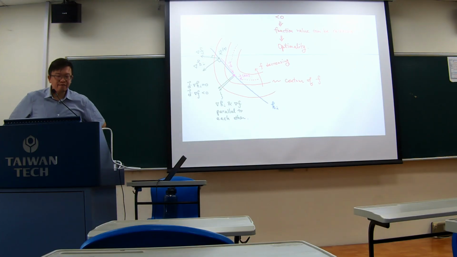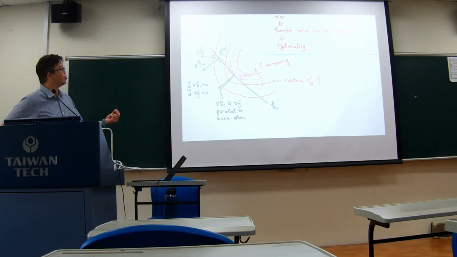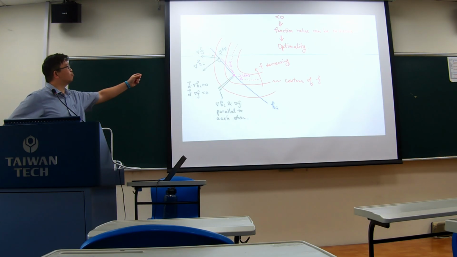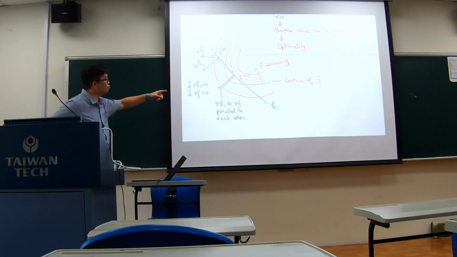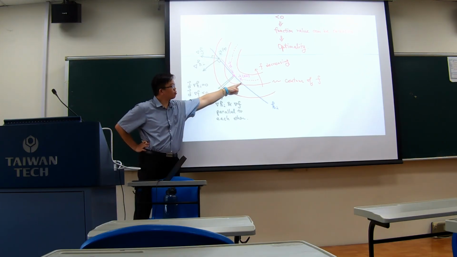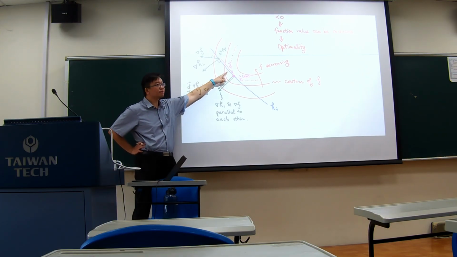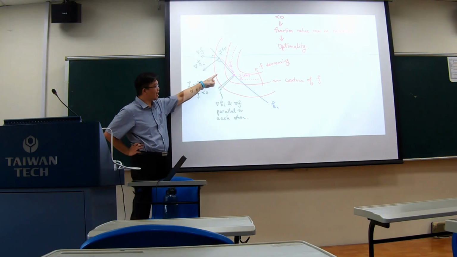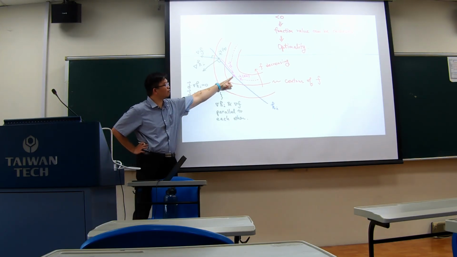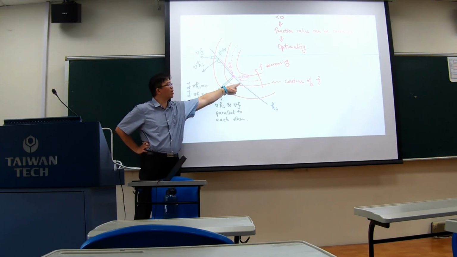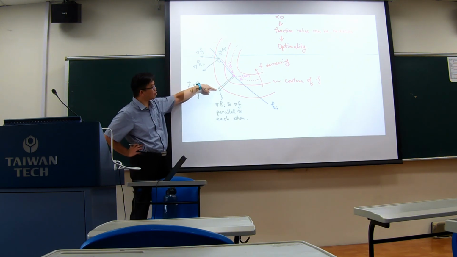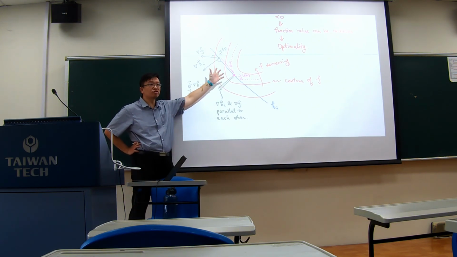So if I try to move a design point somewhere else, toward the right or toward the left, I can still find points that stay on h if my movement is perpendicular to gradient h.